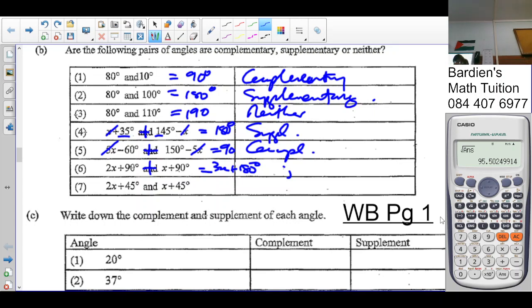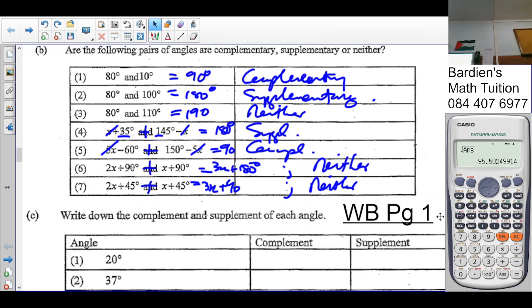But we are not given anything there, so I can't assume anything, so I say neither. If I add this up, what do I get? 3x plus 90. I will go with neither as well. Unless x was 0, it would have been complementary.